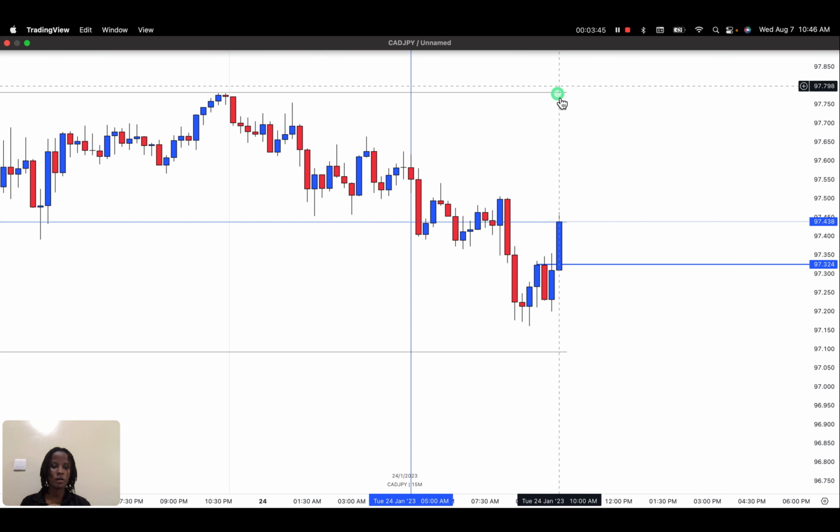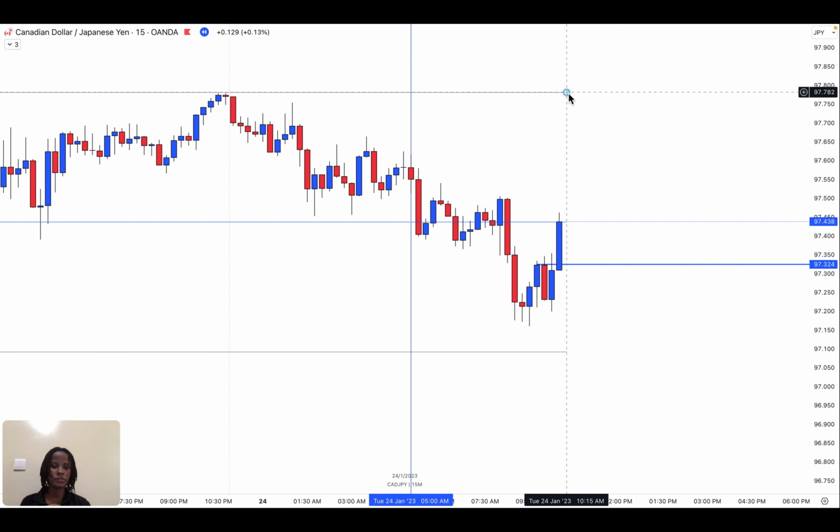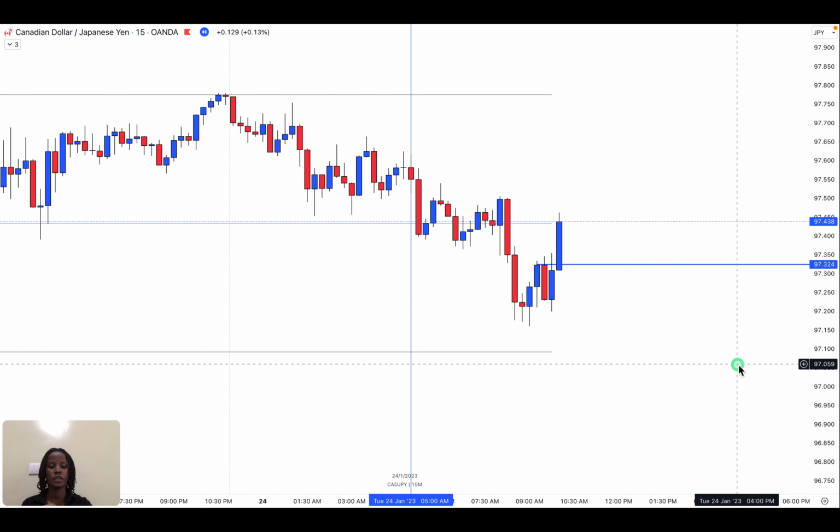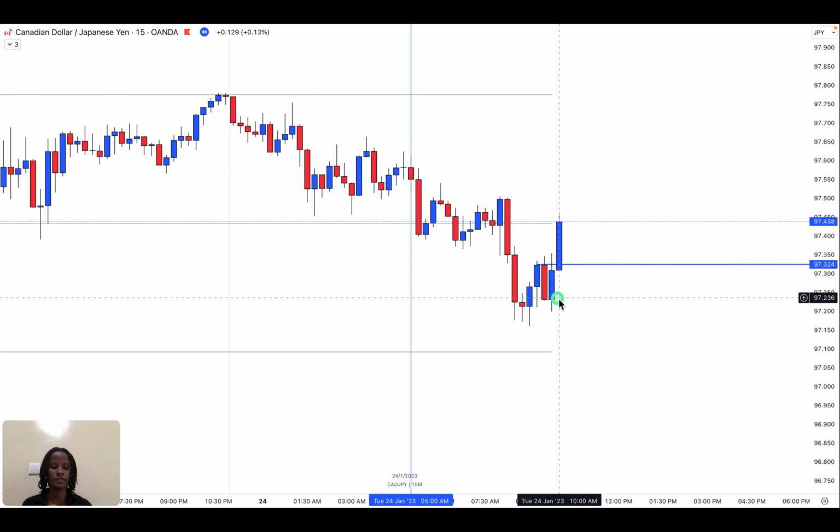So before getting any entries specifically here, let's check the H1 time frame to see the previous H1. You can see here this is at 10.